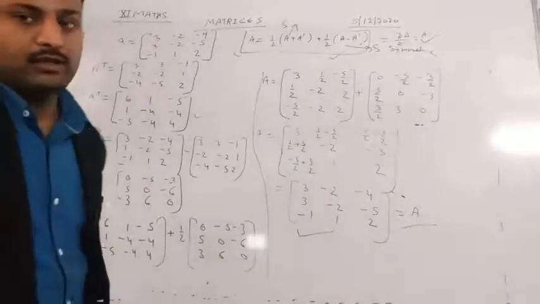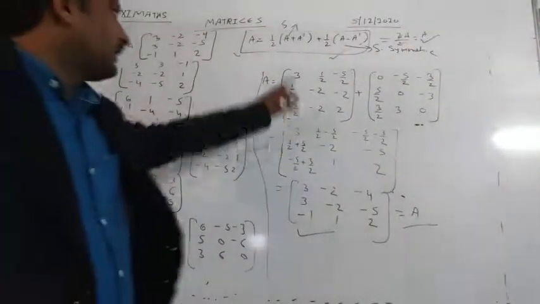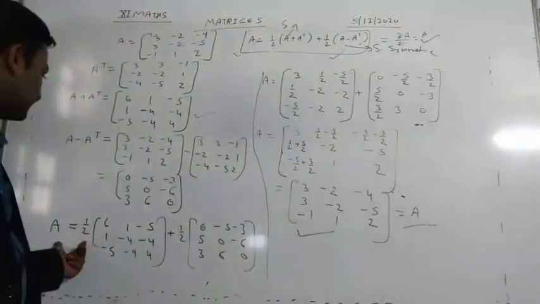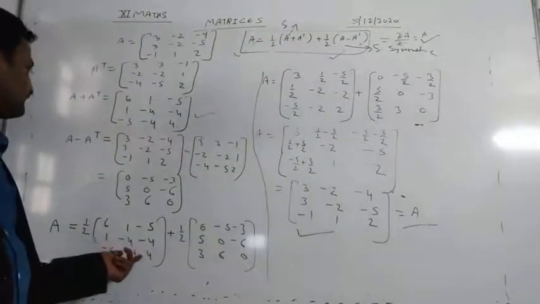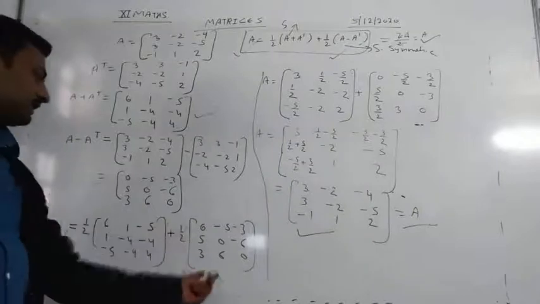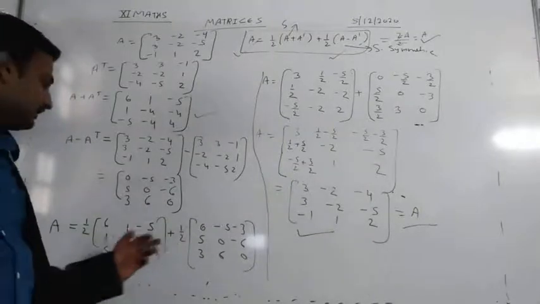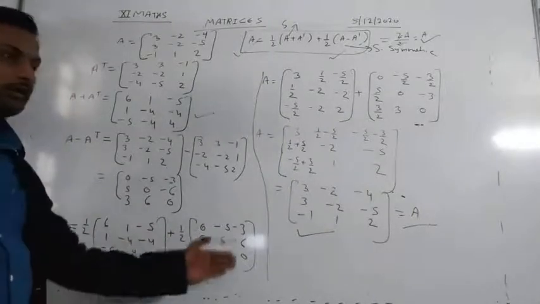Now we will take our A, which is this. Now we will put the value of A plus A dash here and A minus A dash here, and multiply 1 by 2 inside, 1 by 2 inside.